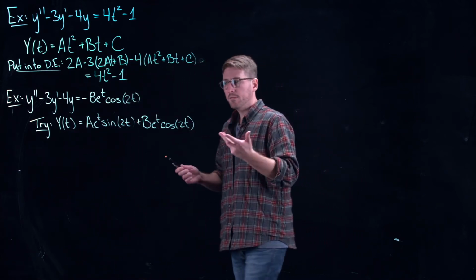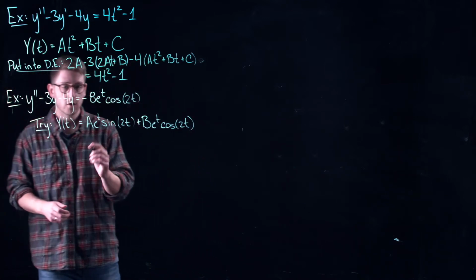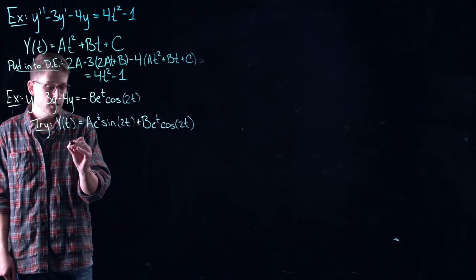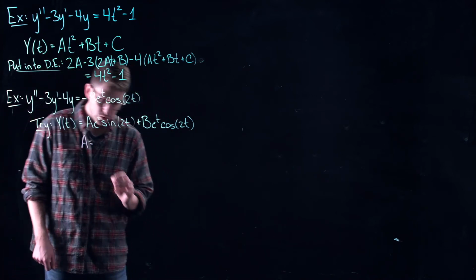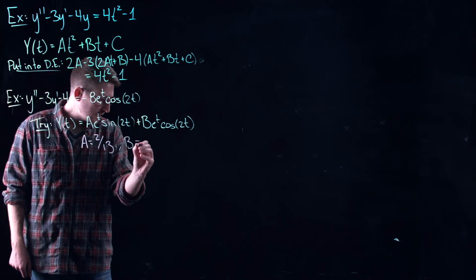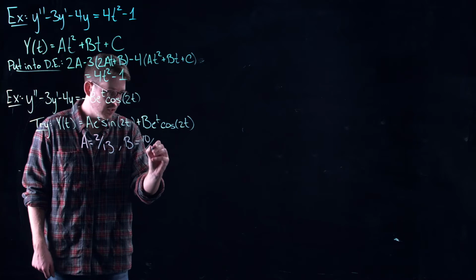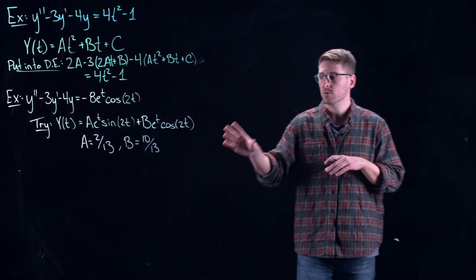Now, if you do this, I'm going to leave this for you to work on your own, but the solution here is that a is equal to 2 over 13 and b is equal to 10 over 13. It's tedious, right? Because we're going to have to do some product rules when you're taking derivatives.